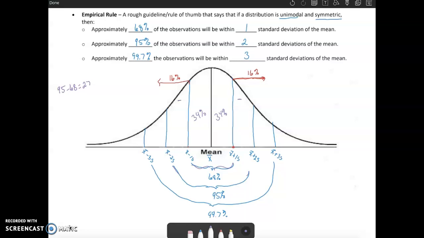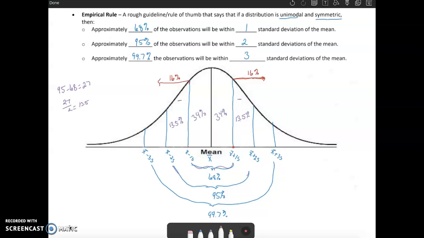So again, if we divide that 27% by 2 in order to look at each of those individual areas, we get 13.5. So there's 13.5% of the data in this chunk between 1 and 2 standard deviations above the mean. And there's also 13.5% between 1 and 2 standard deviations below the mean.